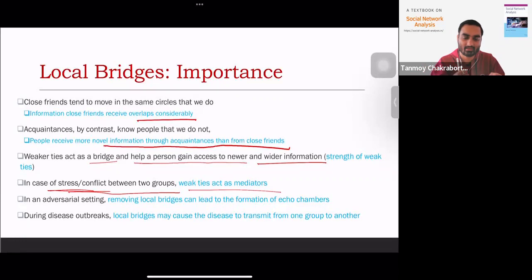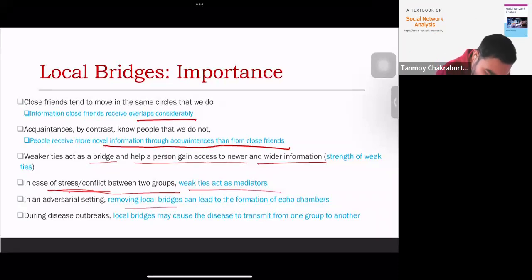And let's assume that those two nodes are also connected to a mutual node who is their acquaintance, not a strong friend. So that guy would possibly help resolve the conflict.